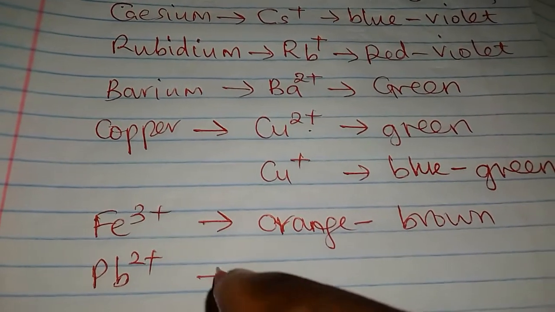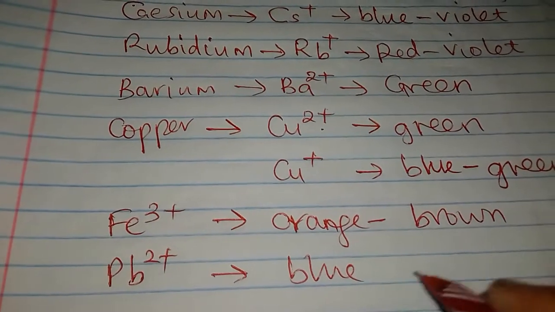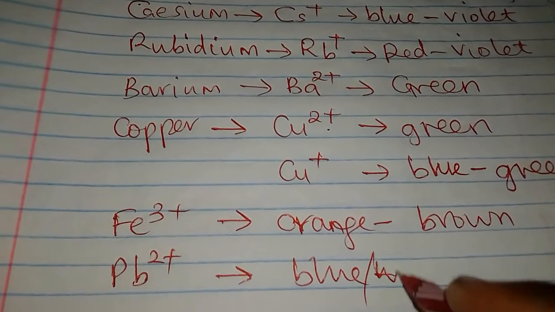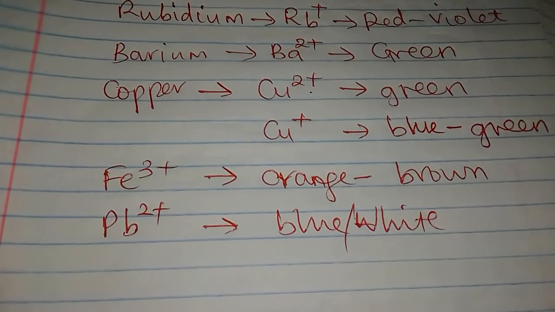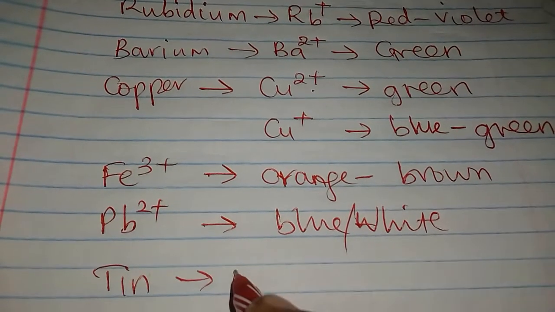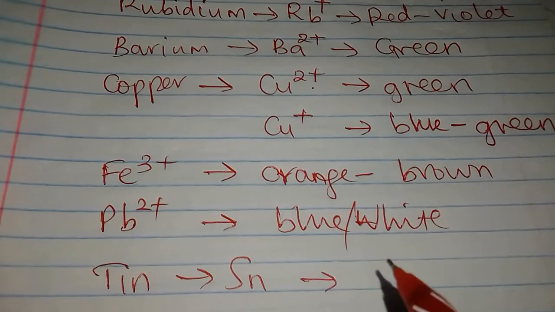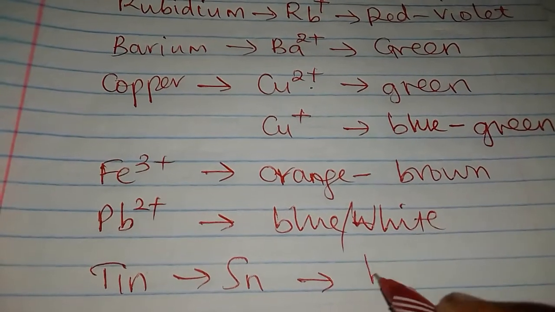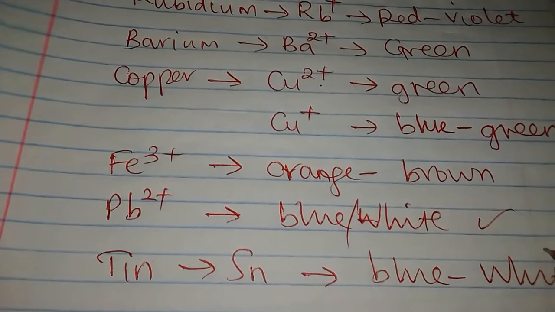So lead 2 can burn with a blue or white flame. If I talk about tin, of course the chemical formula of tin is Sn. This one can also burn with a blue or white flame, the way lead behaves.